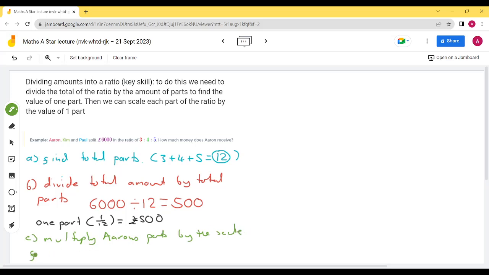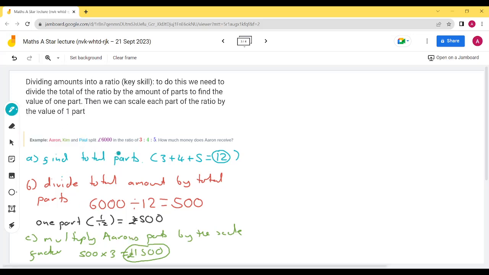Our scale factor, how much each go is, is £500. We can just do 500 times 3. Again, 3 times 5 gives you 15, add the 2 zeros, and so it gives us £1,500.